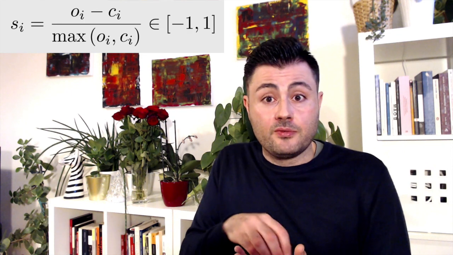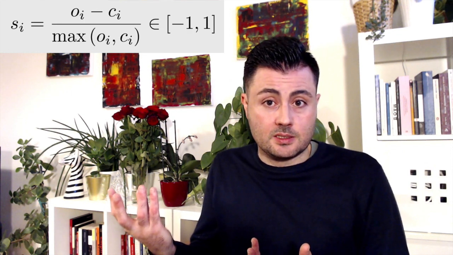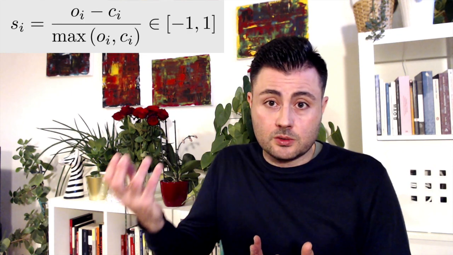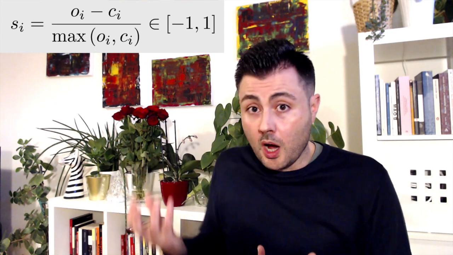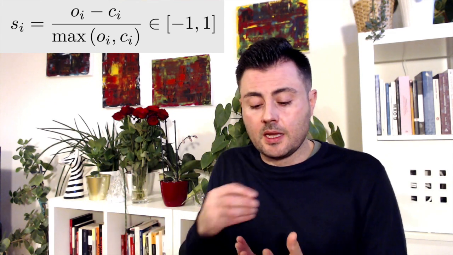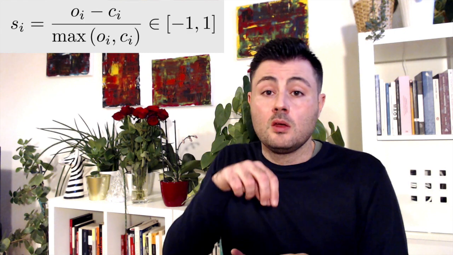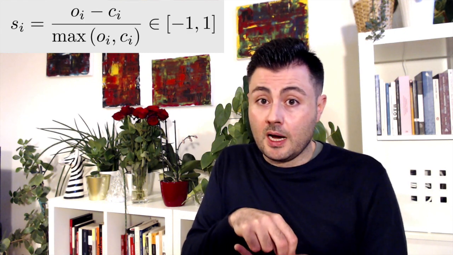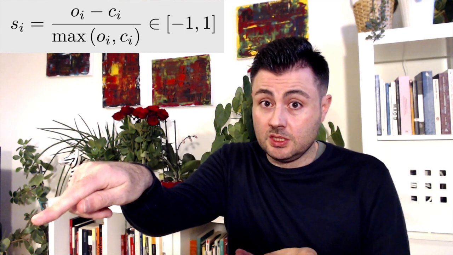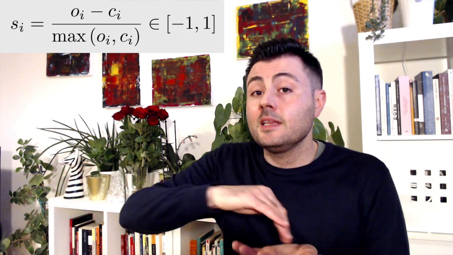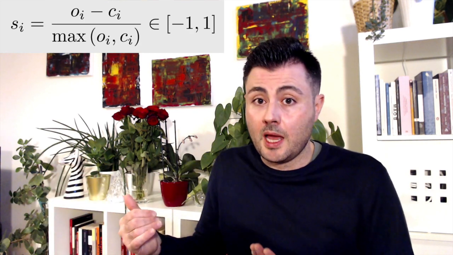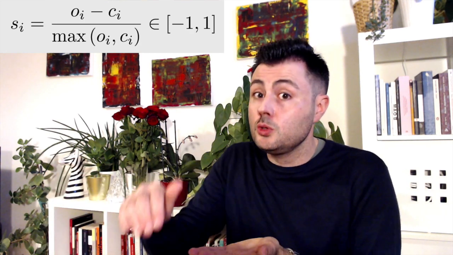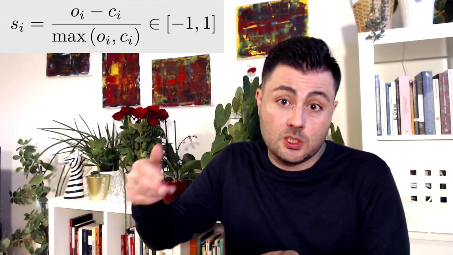I then have the other 2 clusters. And what can I do? For each one of the other 2 clusters, I can compute the distance between my observation i and the observations in that cluster, and I can take the average. So I will obtain 2 averages in our situation.